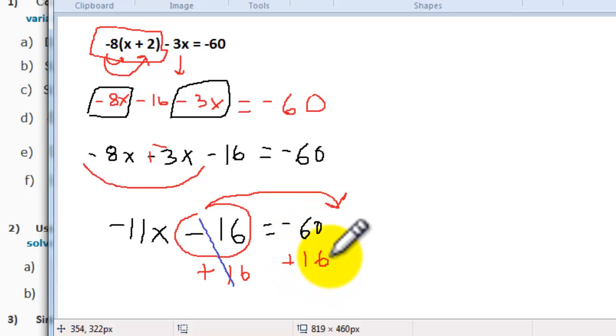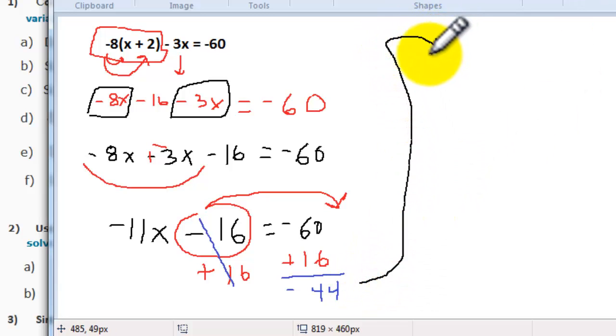Minus 60 plus 16 is you find the difference, so it's 44, and take the sign of the larger number, so -44. So I'm just going to move this thing following along over here. We still have the -11x. That didn't go anywhere. We moved off the -16 to the other side, which then changed -60 to -44.